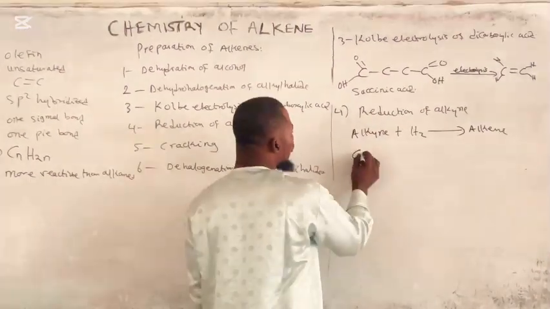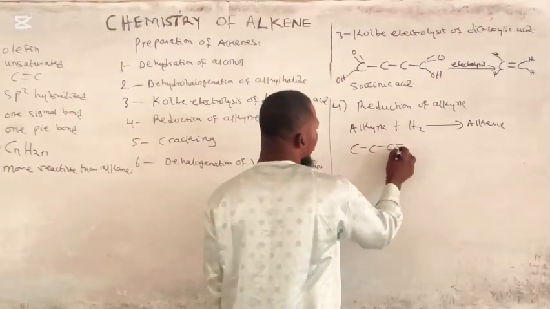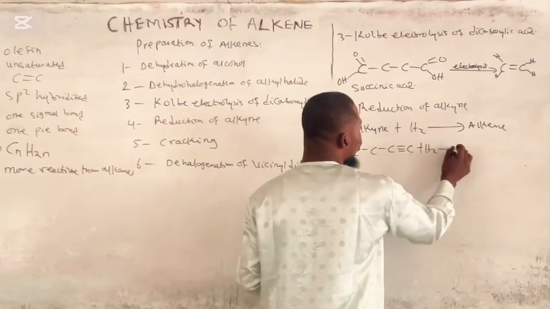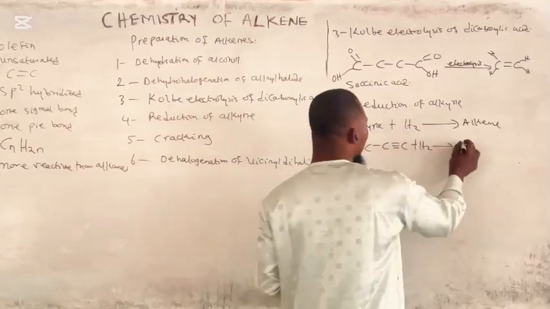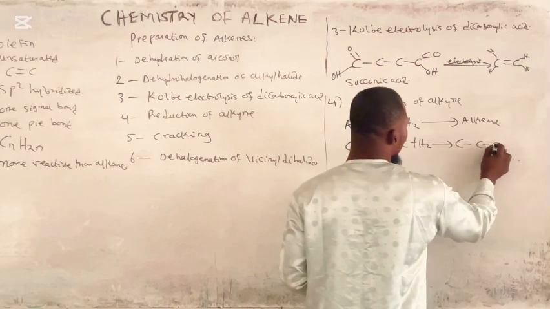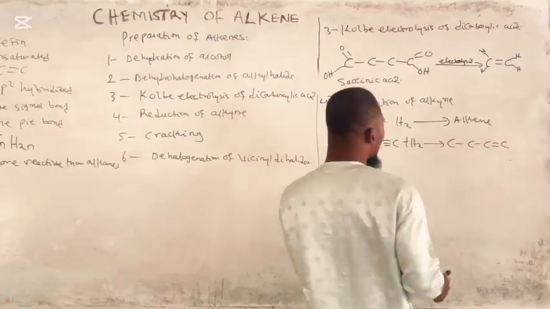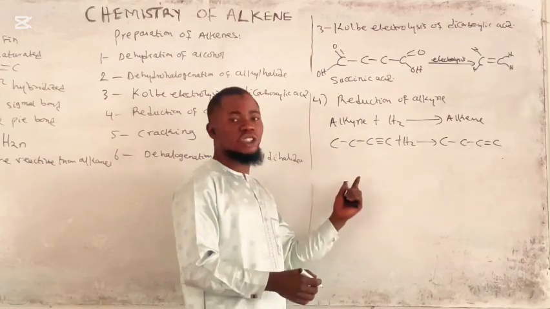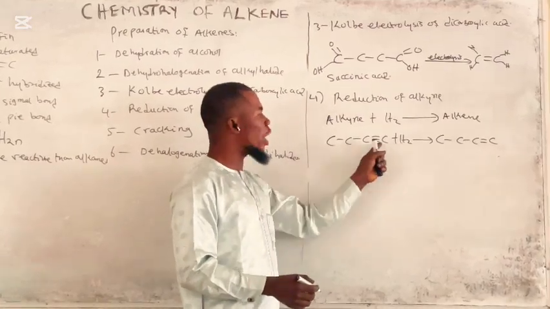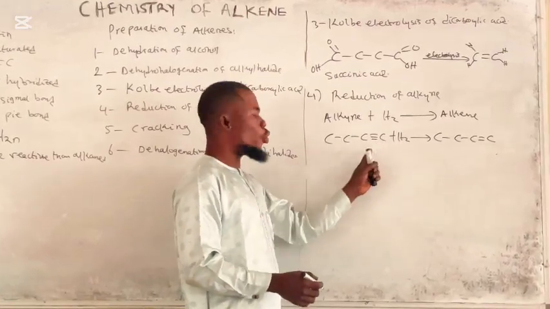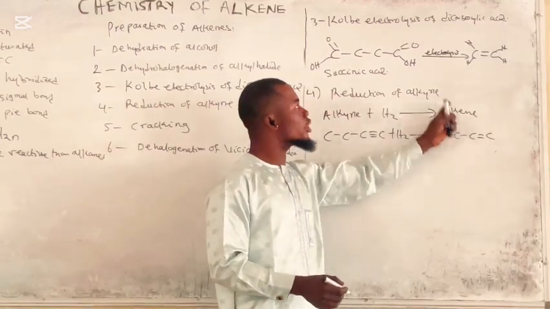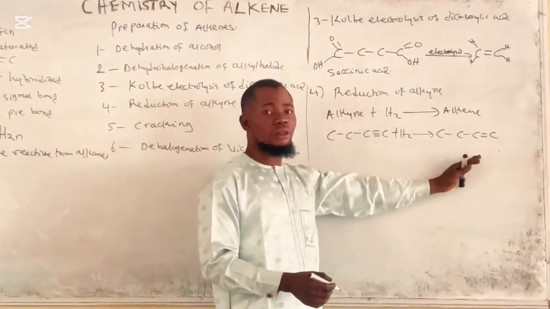For example, if we have butyne plus hydrogen molecule, we'll now have butene. Remember, anywhere you break one bond, you add 2 hydrogen to the point. So adding 2 hydrogen to this compound here will break one bond, making it a double bond, which will now give us the alkene that we are preparing.